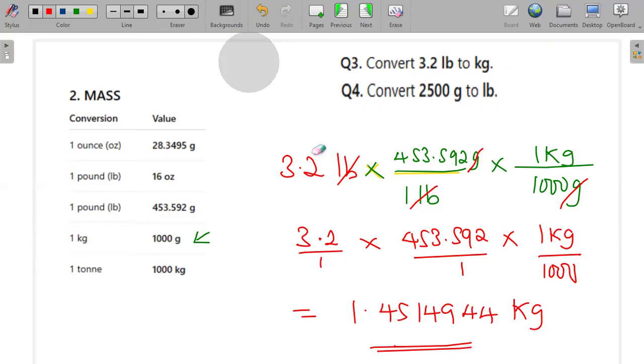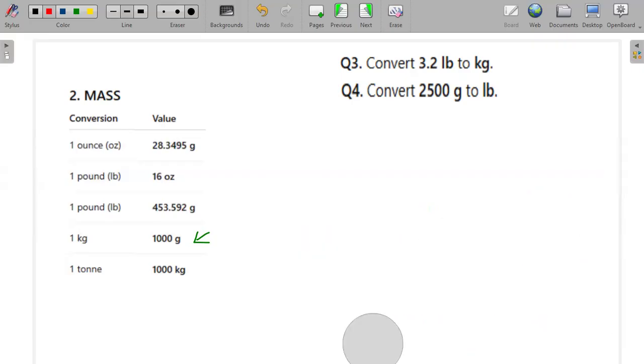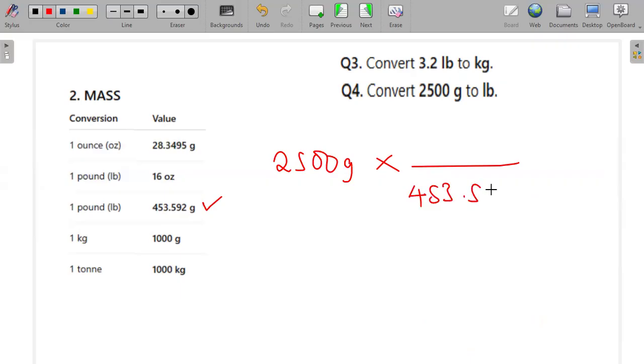Okay, let's convert the other one. The other one is straightforward because I can see its conversion factor is here. So I'm converting 2,500 grams. I want to convert them to pounds. So I'm going to say 453.592 grams is the same as 1 pound, LB.